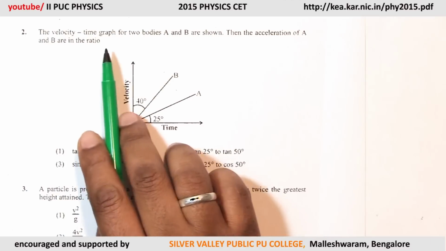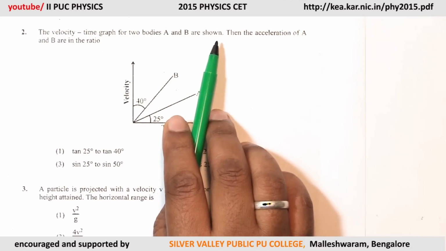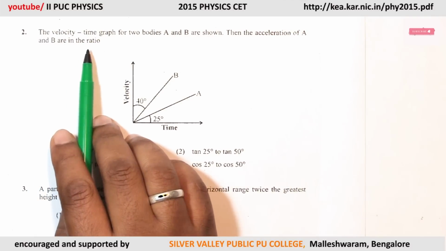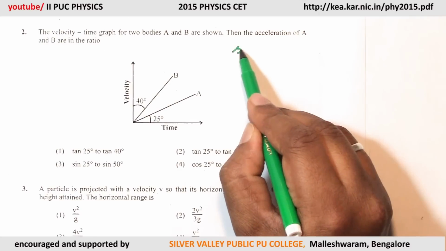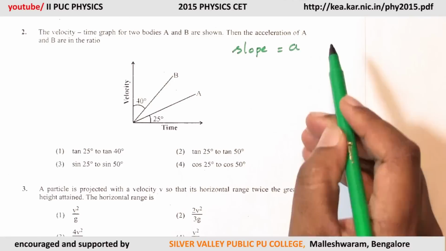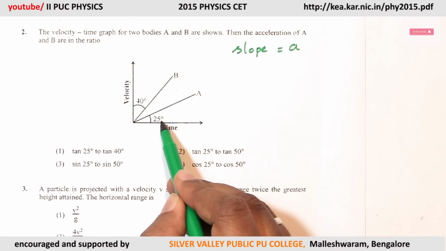Frequency. The velocity time graph of two bodies A and B are shown. Then the acceleration of A and B are in the ratio. In a velocity time graph, slope gives acceleration, and slope is tangent of this angle.